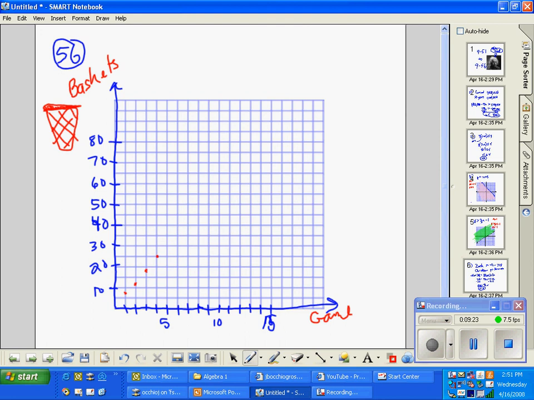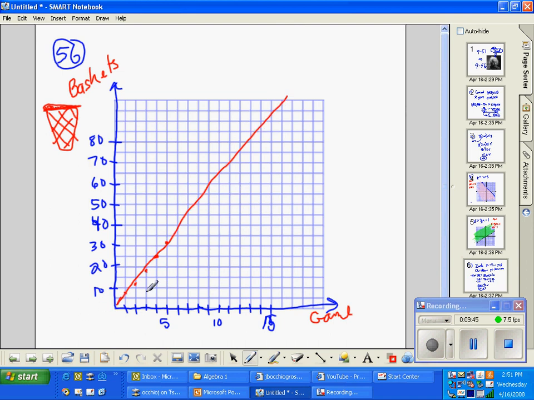And obviously I'm not doing the most accurate job of graphing this, but we're only looking for an estimate in the problem anyway. So it looks like there's kind of a nice solid line here. If I were to extend my line, that's close anyway to what I would think of my line.